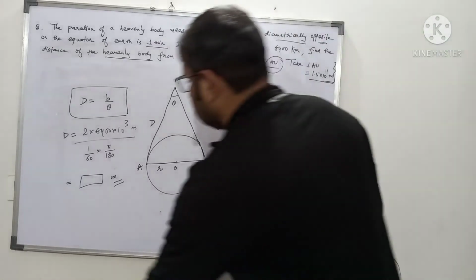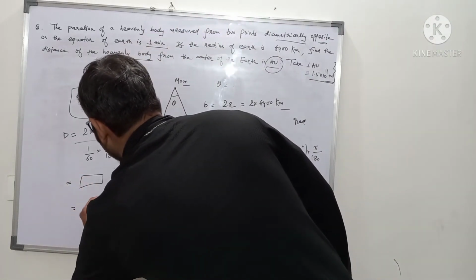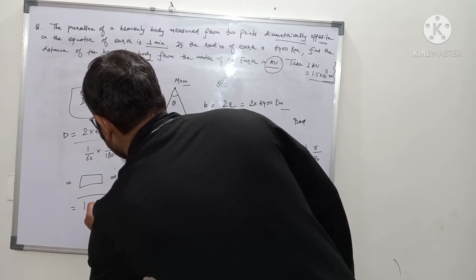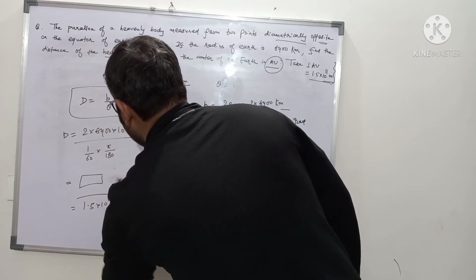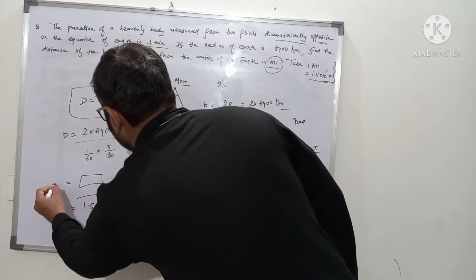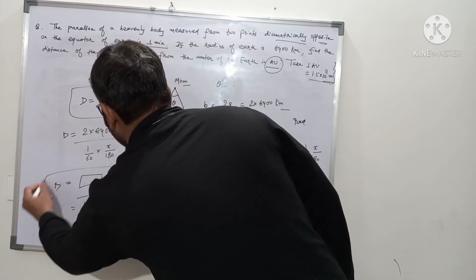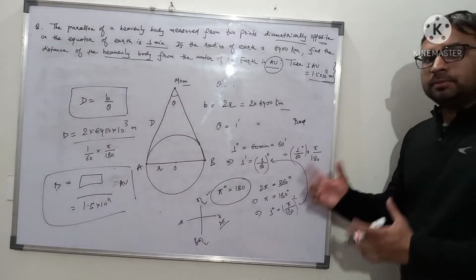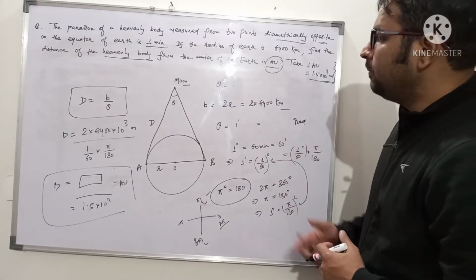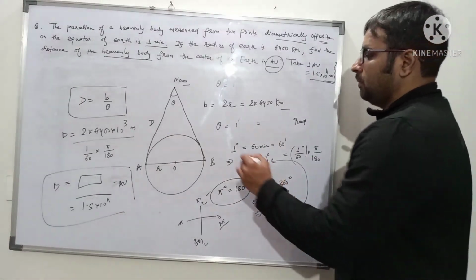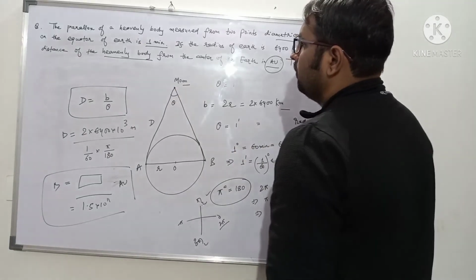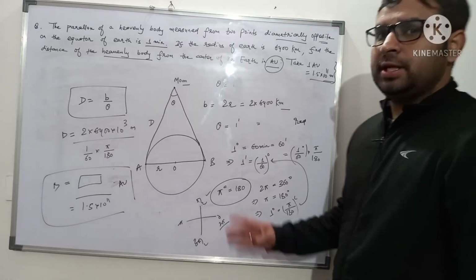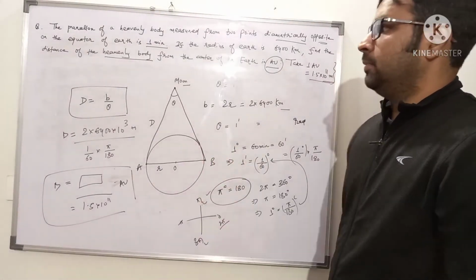So we will divide this magnitude by 1.5 into 10 to the power 11 and we will get the value in AU, which is astronomical unit. So this was the concept to find the distance between Earth and Moon with the usage of the parallax method. This method is very beneficial and very fundamental.